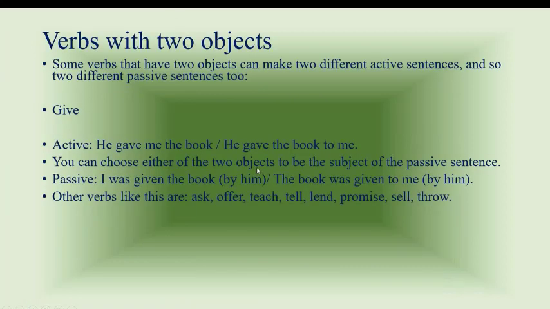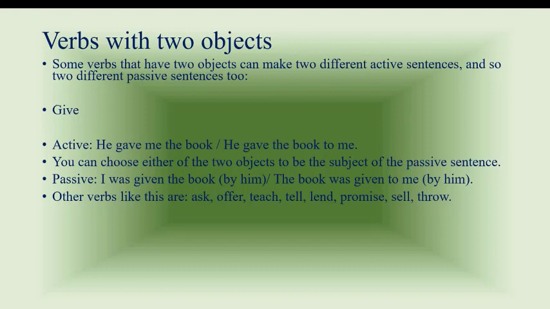Now, we have some verbs with two objects. As it was said earlier, in the English language, there are two types of verbs, intransitive and transitive: verbs with no objects, verbs with objects.